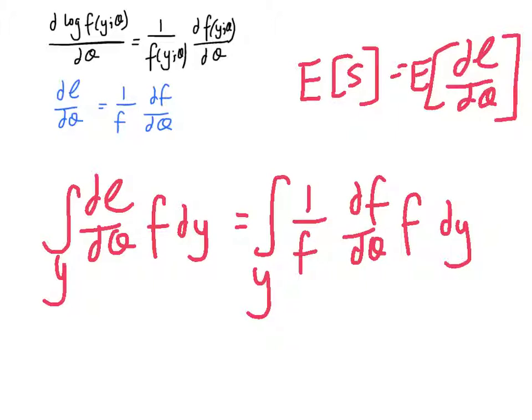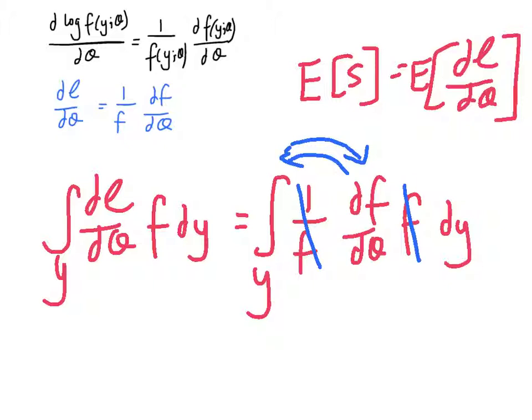The fun starts here because we're going to apply a procedure that's usually okay with maximum likelihood problems, but not generally and automatically a safe thing to do. We're going to reverse the order of these operators: move the integration sign inside, and move the differentiation sign outside. You can see instantly on the right hand side that some tidying can go on. I have a 1 over f multiplied by an f.